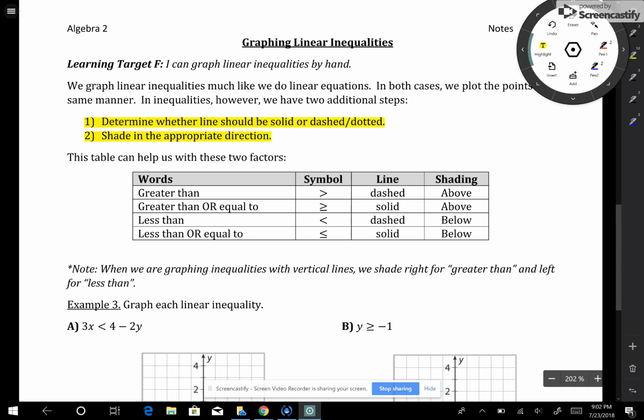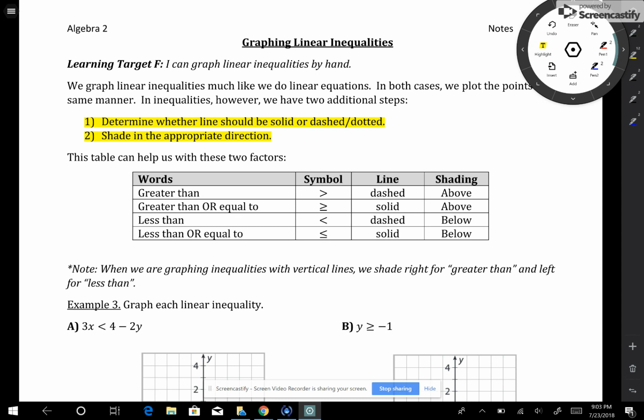Much like when we were solving inequalities, and we would have to determine whether we would plot an open circle or a closed circle and in which direction we would shade. Now I have a table down here that might help you decipher these things. First of all, we have 4 cases.